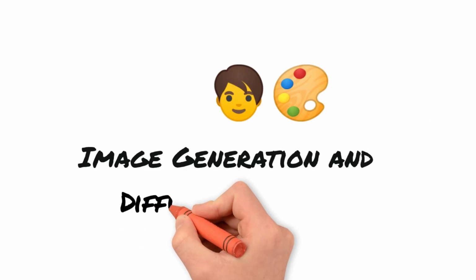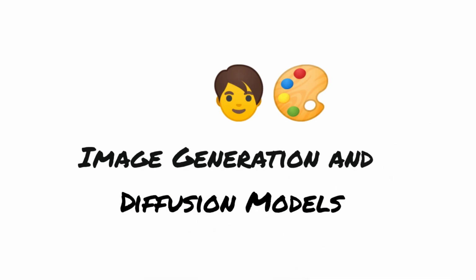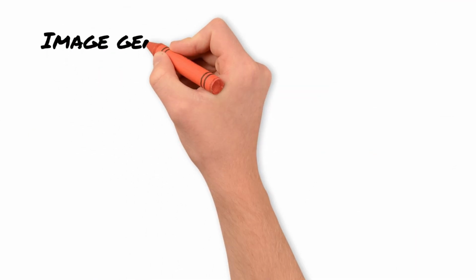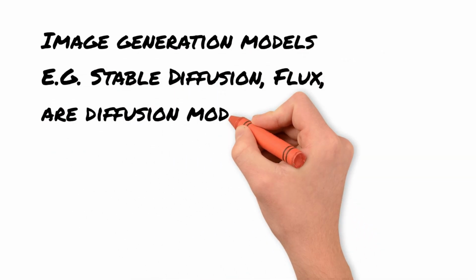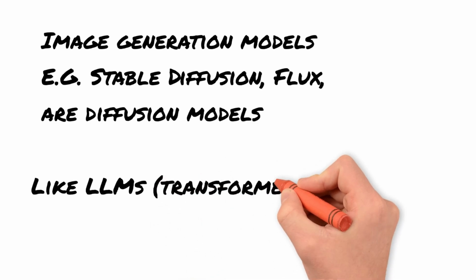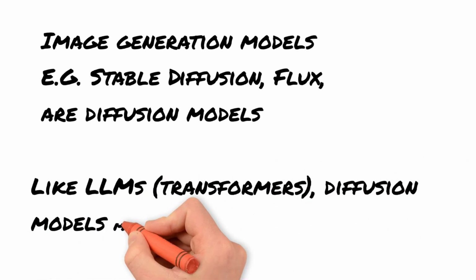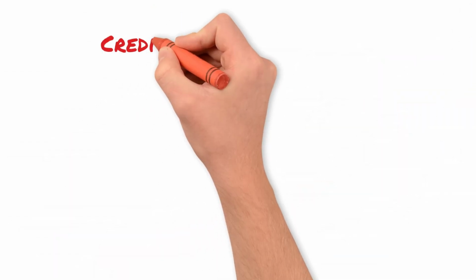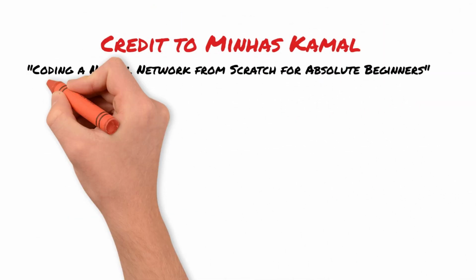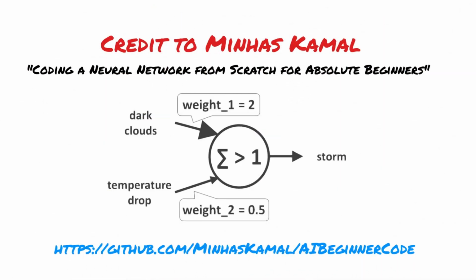Image generation and diffusion models. Image generation models like Stable Diffusion and Flux are diffusion models. Go figure. Like transformer-based large language models, diffusion models are also neural networks. For a recap of neural networks, see my episode 4 about prompt deep dives.